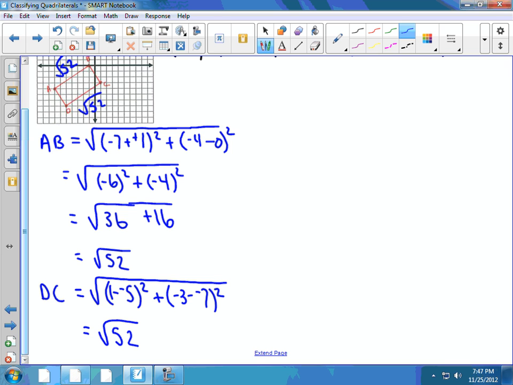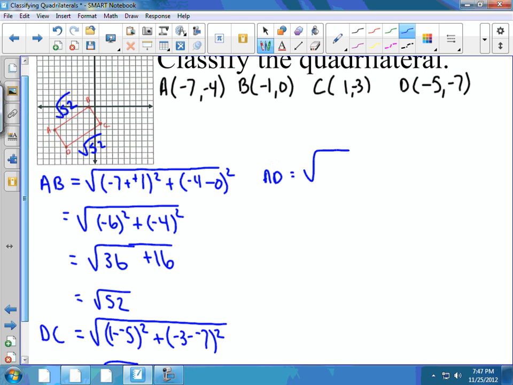So we've got to figure out AD. So AD is going to have the points -7 minus -5 squared plus -4 minus -7 squared. Again, I'm going to use the calculator here, and I'm going to end up with the square root of 13.